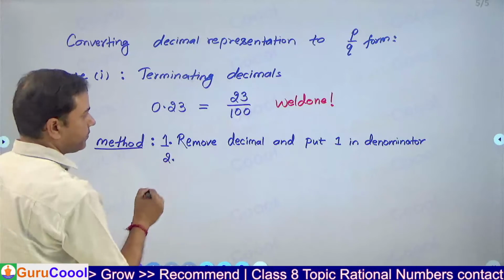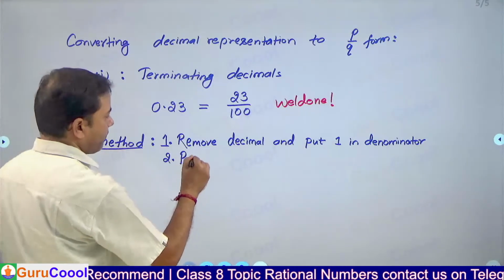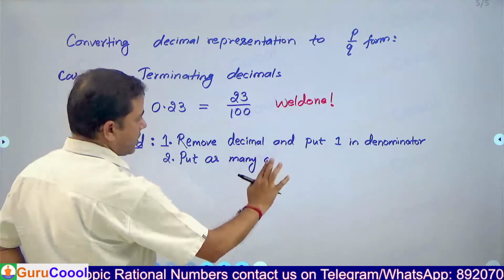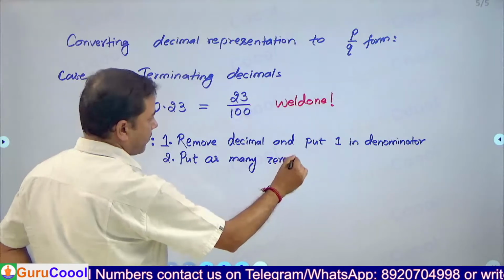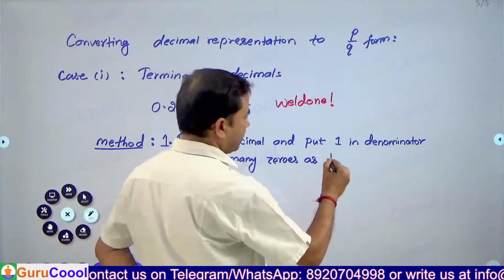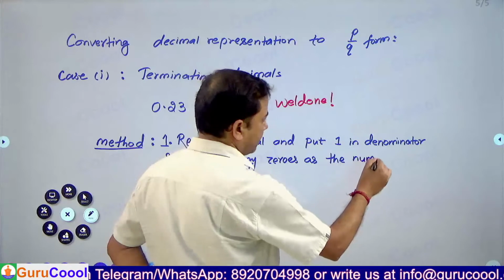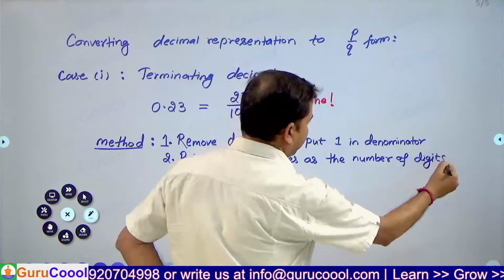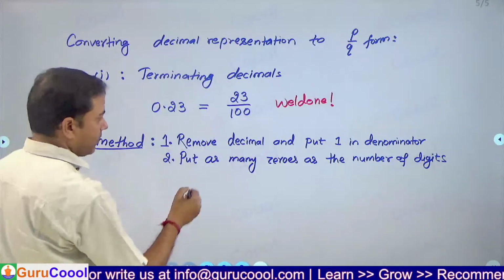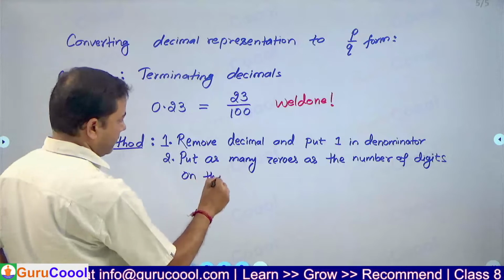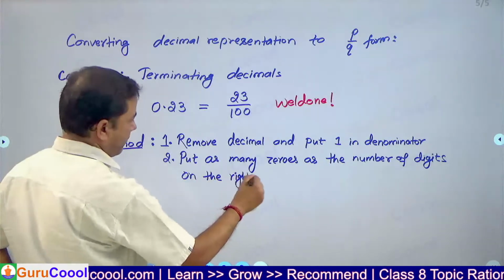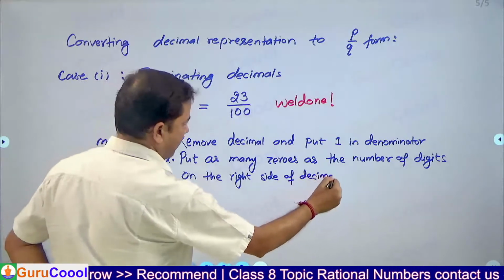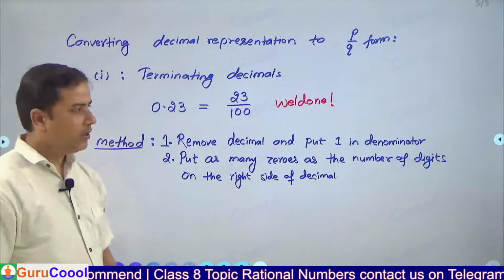Number 2, put as many zeros as the number of digits on the right side of the decimal. That's the method. Let's try one more.